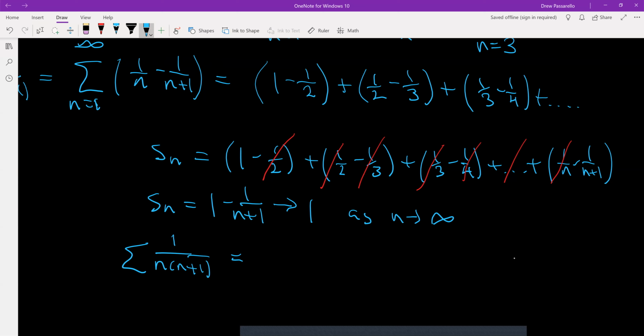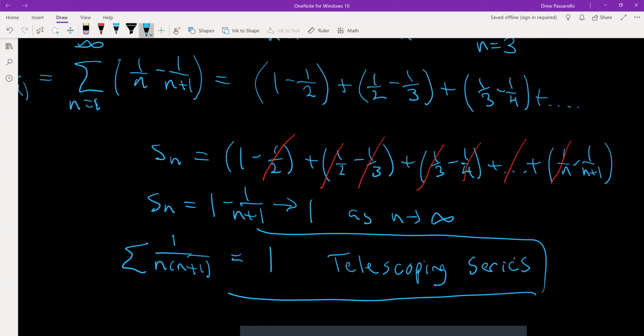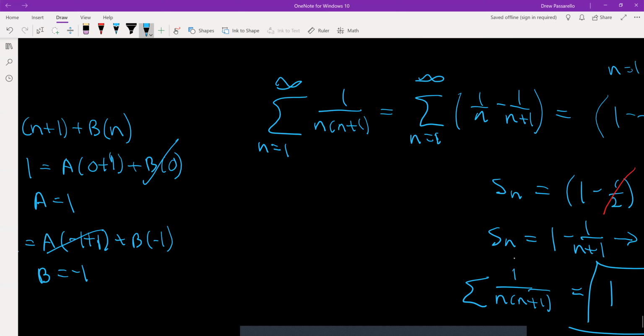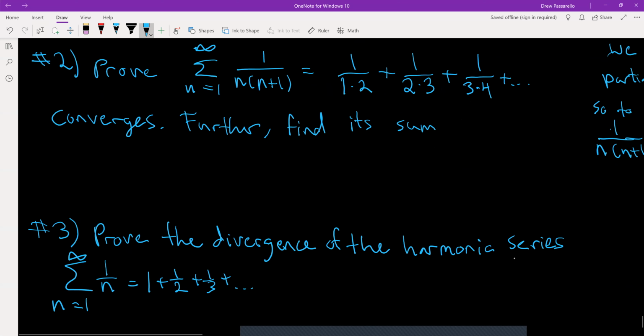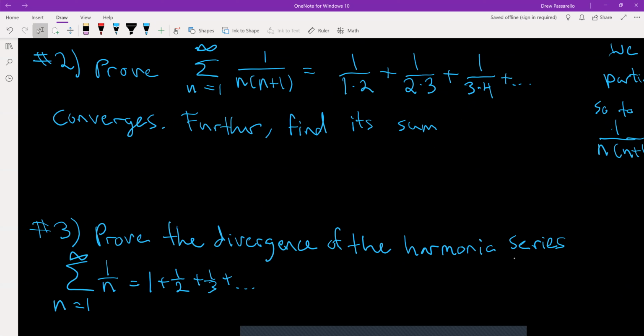We wrote it as a telescoping series, and that limit turned out to be 1. So yes, it converges, and its sum is 1.